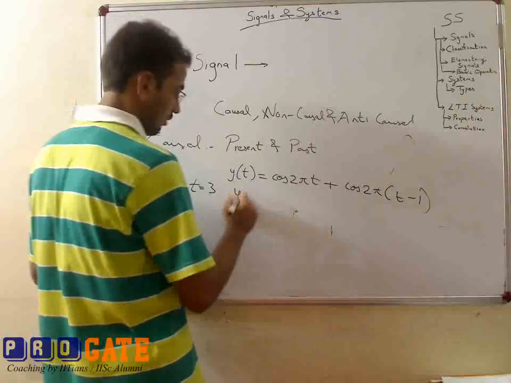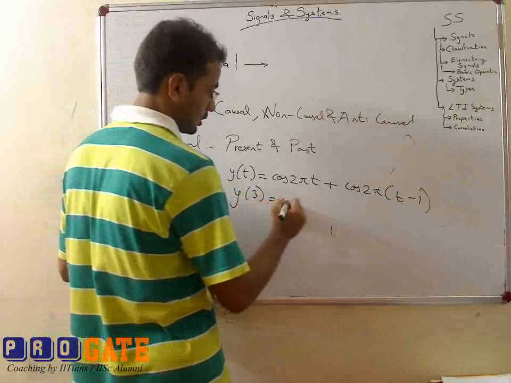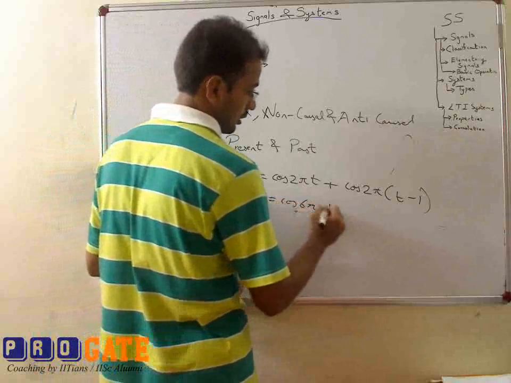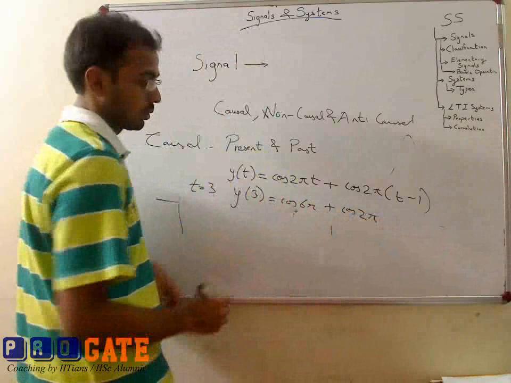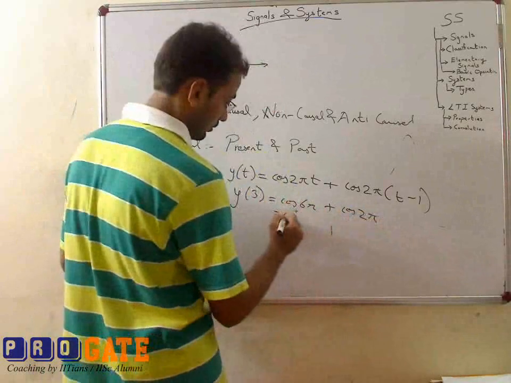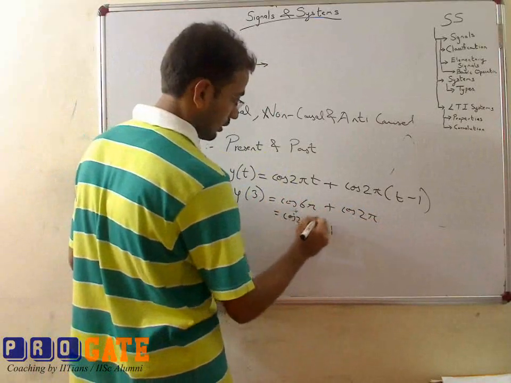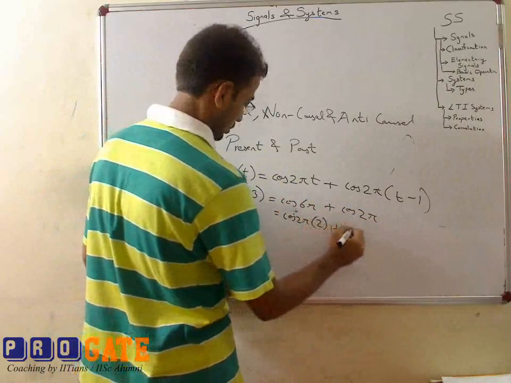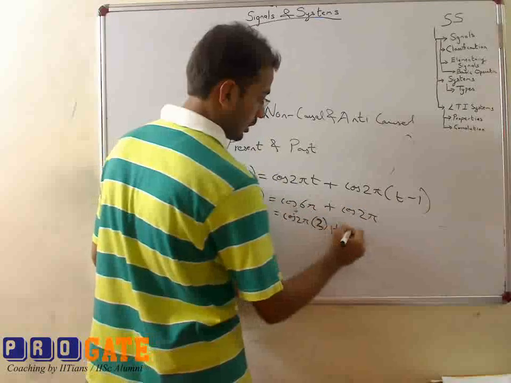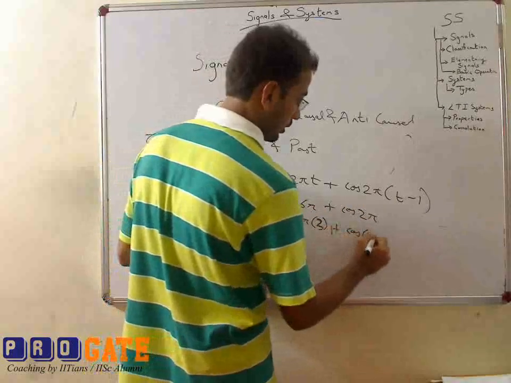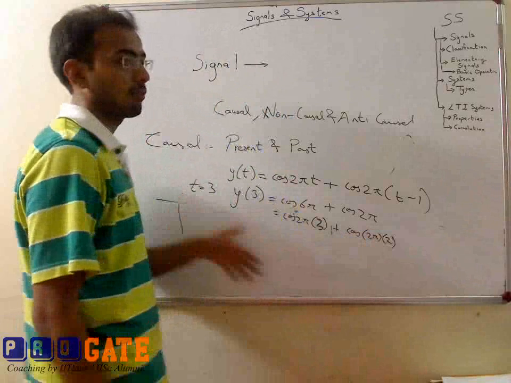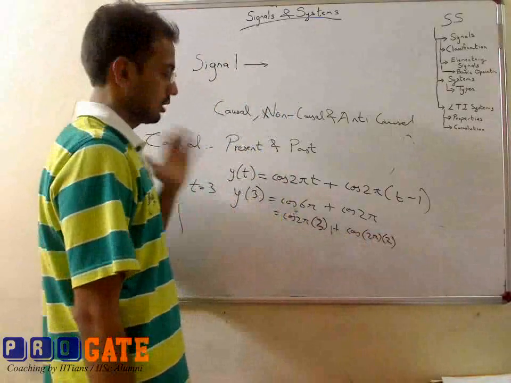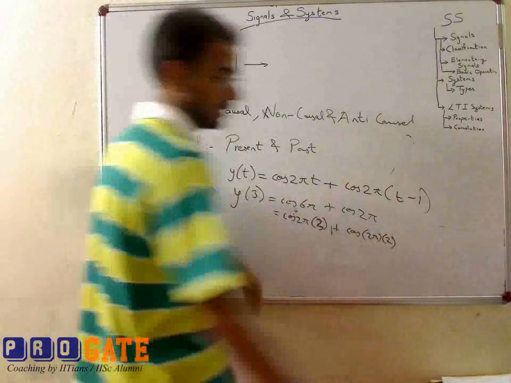So y(3) is equal to cos 6 pi plus cos 2 pi, that is, cos 2 pi at time 3 plus cos 2 pi at time 3 minus 1. So it's dependent on either my past or present. That is the causal signal.